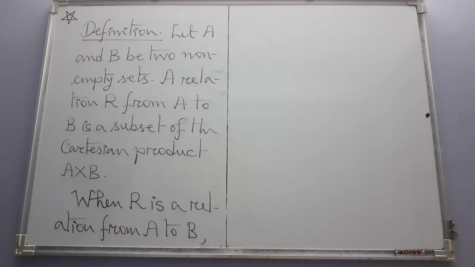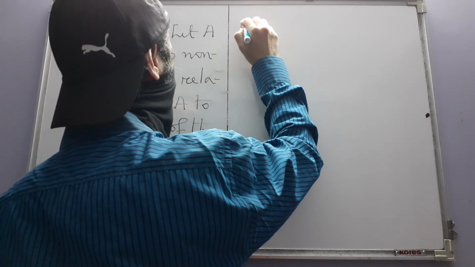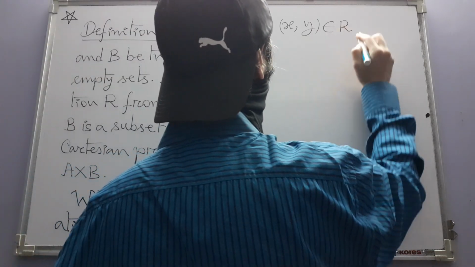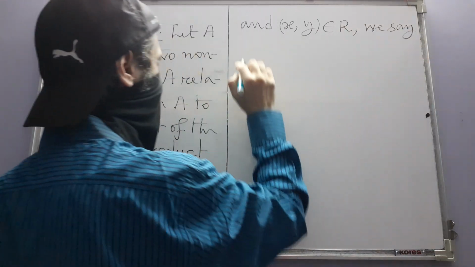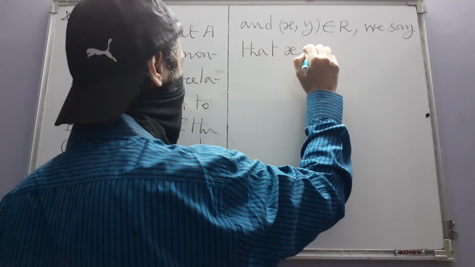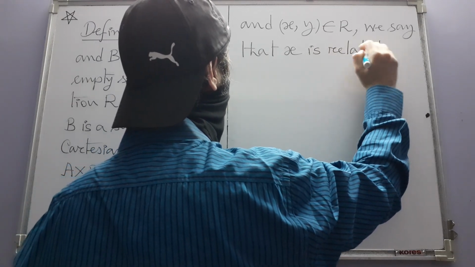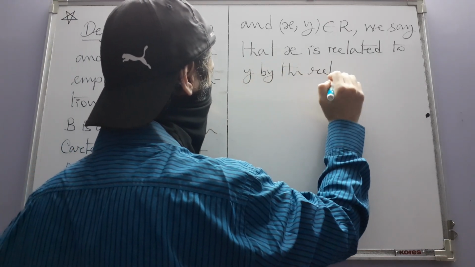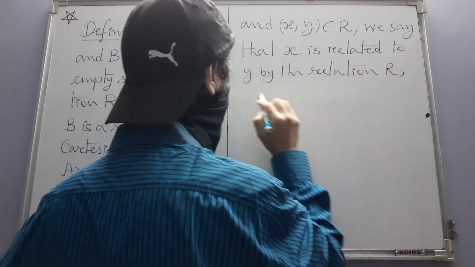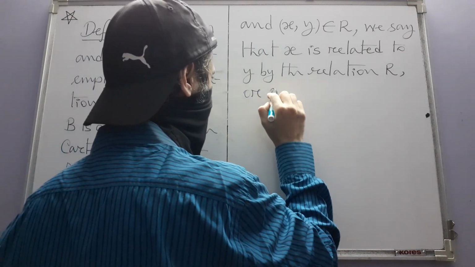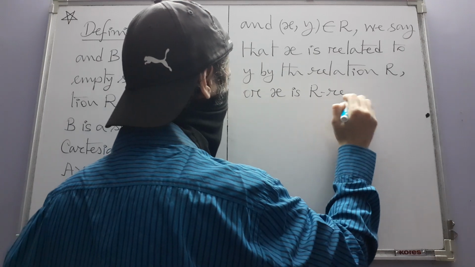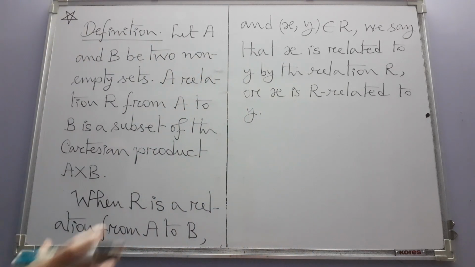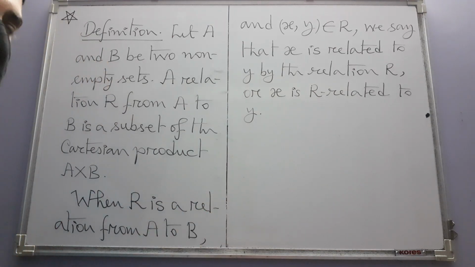When R is a relation from set A to set B, and say this ordered pair belongs to R, we say that X is related to Y by the relation R, or we also say this: X is R related to Y. Okay, so these are some terminology associated with these things.